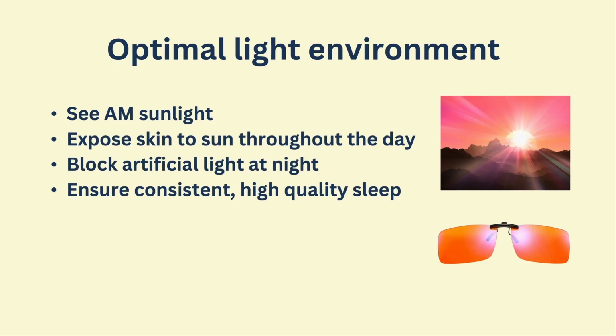We need to see the morning sunlight, because that is critical in programming our circadian rhythm and making sure we're leptin sensitive, so our body knows how much energy is on board, and we can get to work removing that visceral fat when that circadian rhythm is regulated. Exposing our skin to the sun throughout the day is incredibly important. It doesn't take long. Ideally, do what you can and get a little bit in.